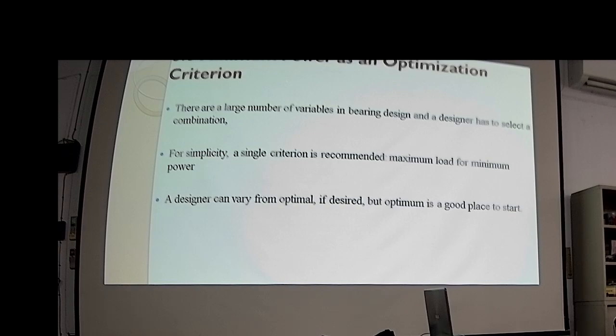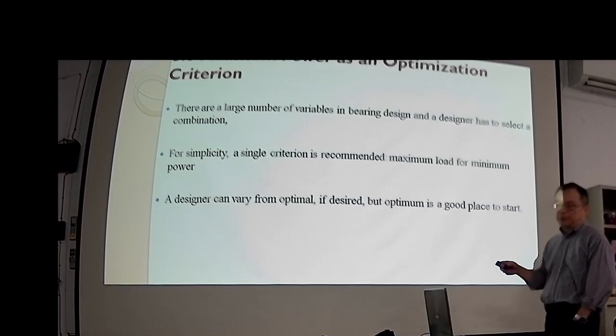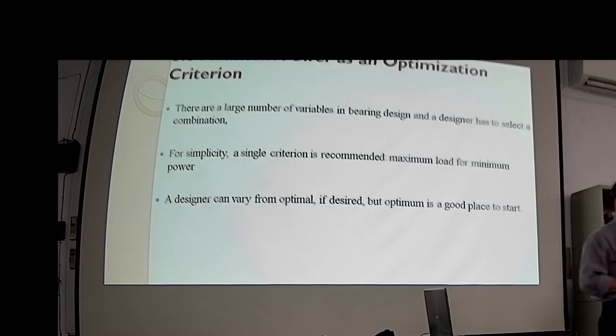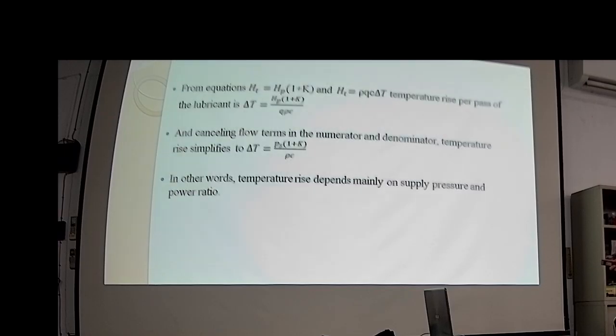So the criteria is the minimum power. Usually we need to have some objective in your design of the bearing system. In this case, the objective function is the minimum power consumption, which means the total power should be minimum.